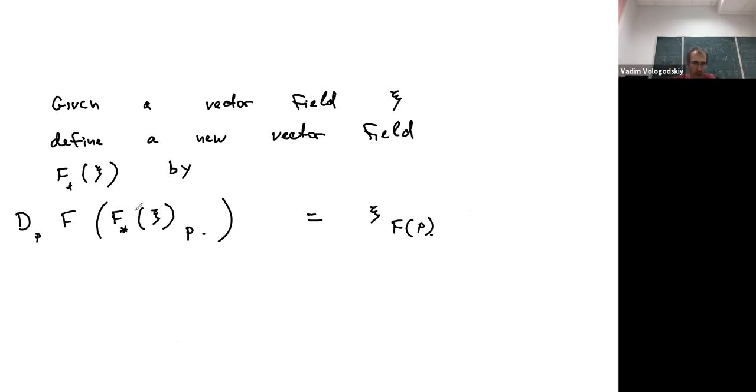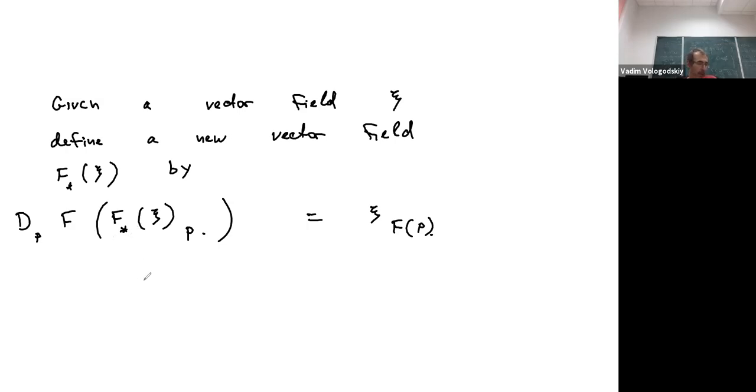You should apply this construction to F inverse, composed with the anti-involution of the group of diffeomorphisms, which takes a diffeomorphism F to its inverse. Okay, so this is one way of thinking about action of diffeomorphisms on vector fields.